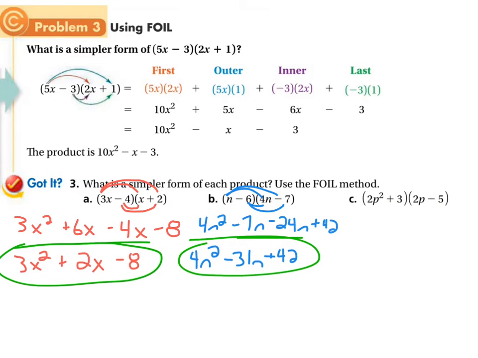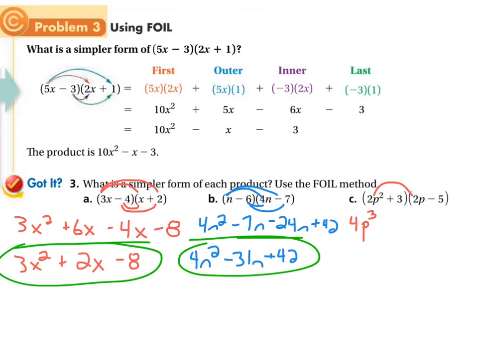And that's the answer for that one. And finally, notice this. We've got here a term that's already squared. Watch what happens when you square it. You say, okay, 2p squared times 2p. Well, the 2 times 2, the coefficients, become a 4. And p squared times p is p cubed.